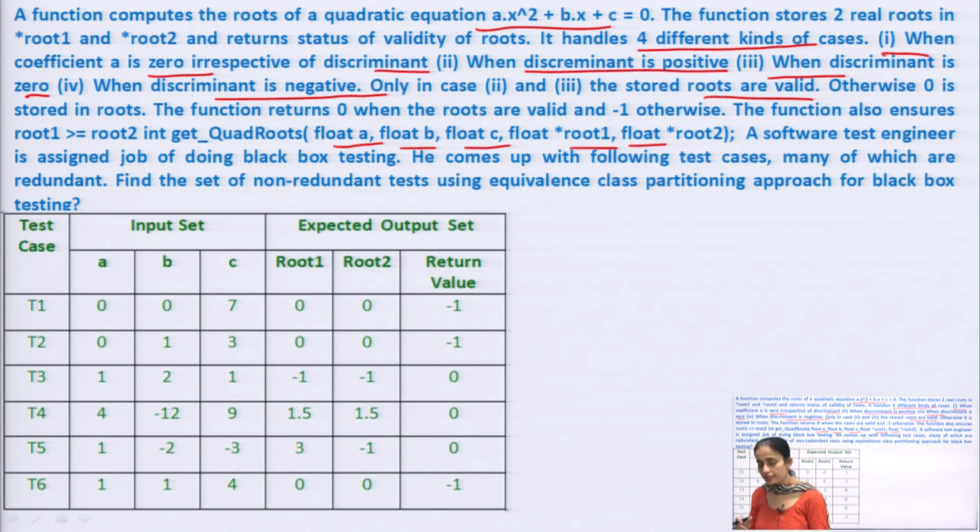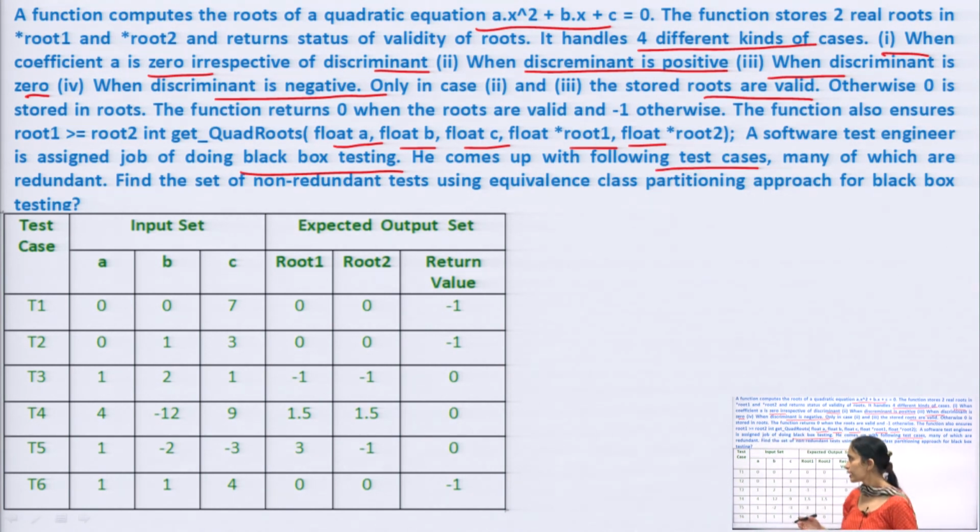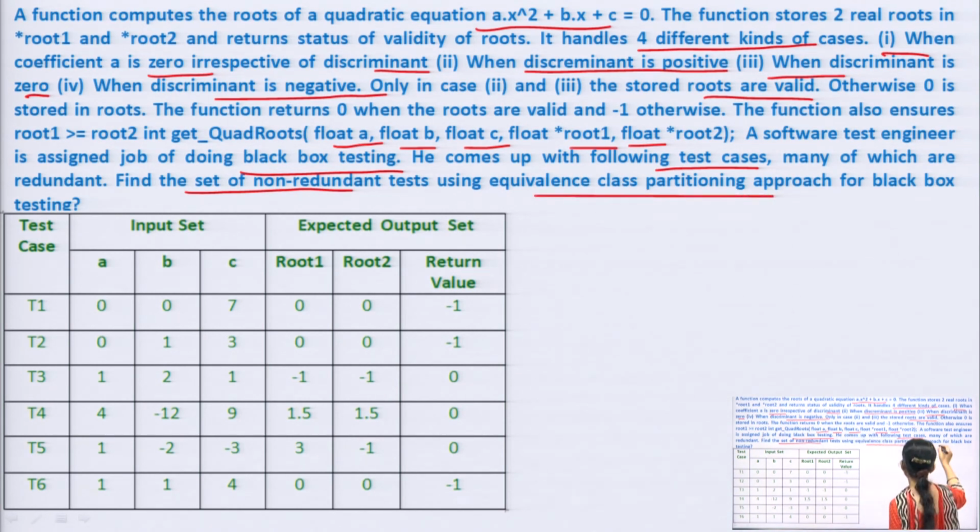Now, the software test engineer is assigned to do the black box testing. He comes up with test cases and finds that many of the test cases are redundant. Our target is to find the non-redundant tests using the equivalence class partitioning approach for black box testing.